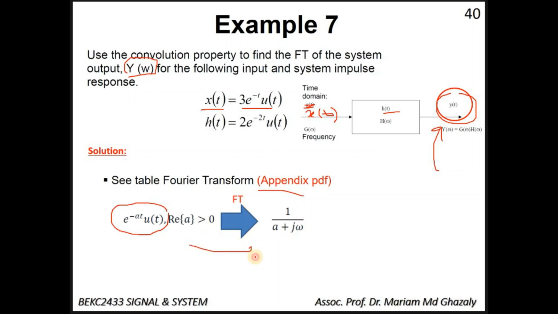Using that, the Fourier transform is given by 1 over (a plus j omega). In this example, the amplitudes 3 and 2 for x(t) and h(t) are the value a here. So if you write it again, you have a plus j omega.